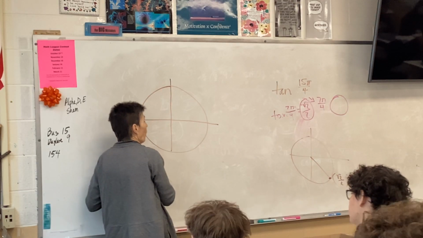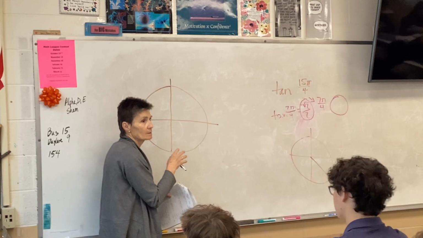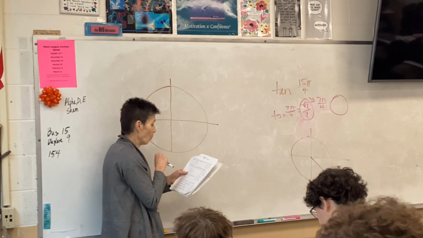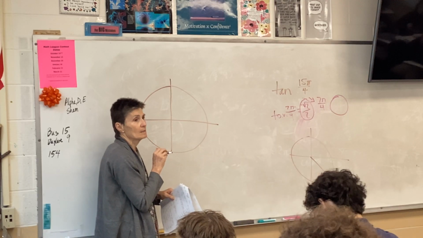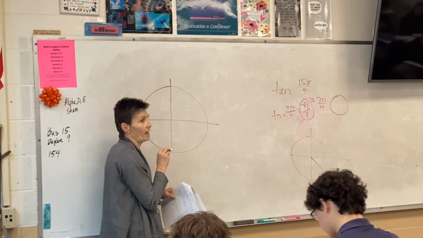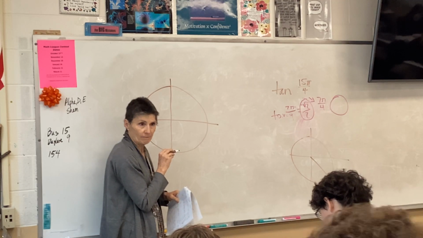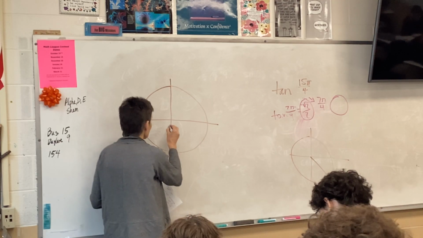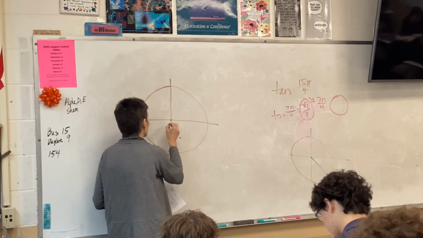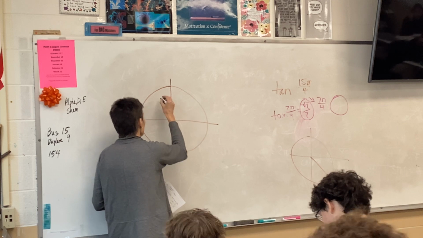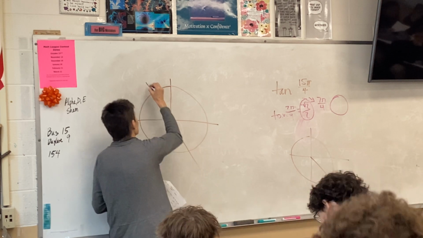So, y equals negative 4x. What does that line look like? It has a slope of negative 4, which means down 4 and over 1, or up 4 and over 1. So would you agree that the line looks something like this?